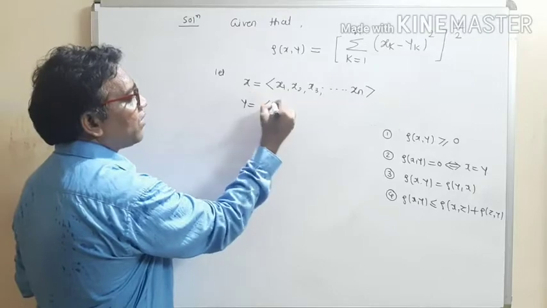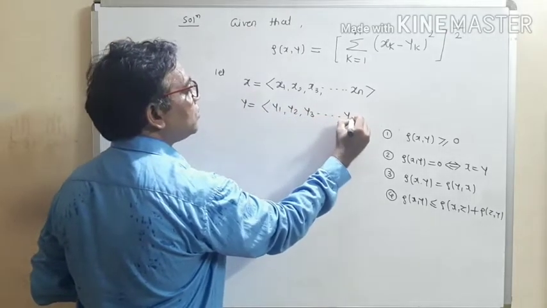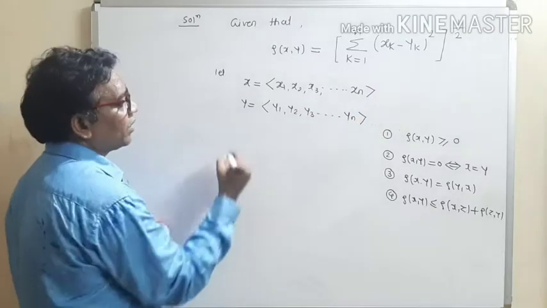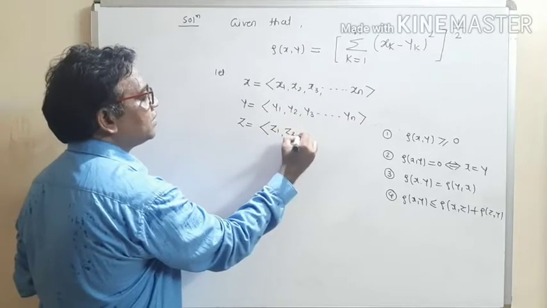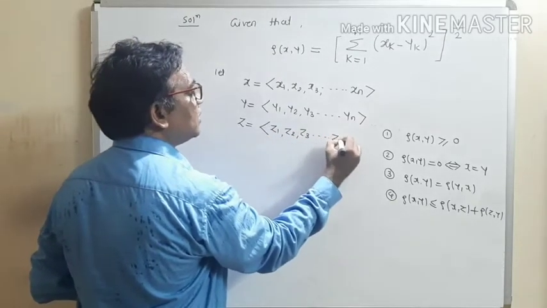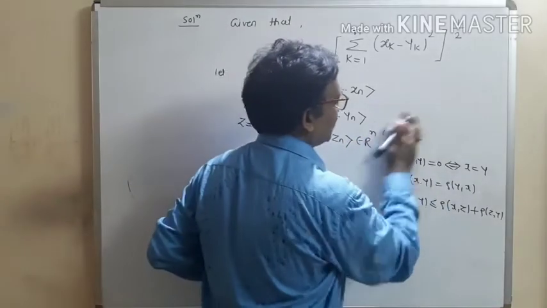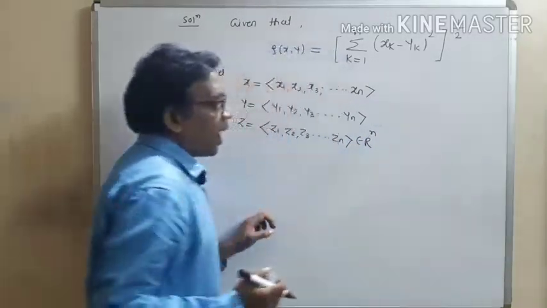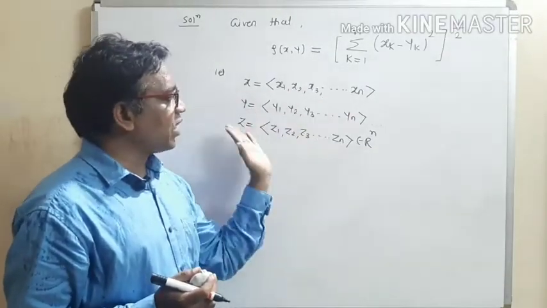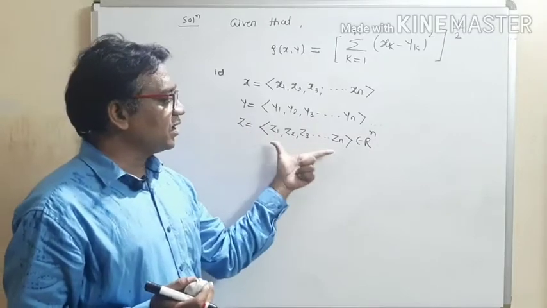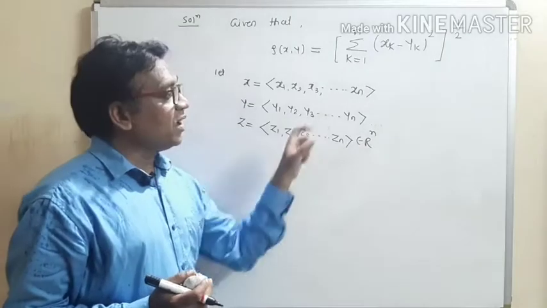Take the second element y as y1, y2, y3 dot dot dot yn, and consider the third element z equal to z1, z2, z3 dot dot dot zn. Let us take these elements belonging to the given set, that is Rn. Rn means the set of all n tuples. x is in the set of all n tuples, y is the same, and z is again in the set of n tuples. So these belong to Rn. So let us prove the 4 properties.